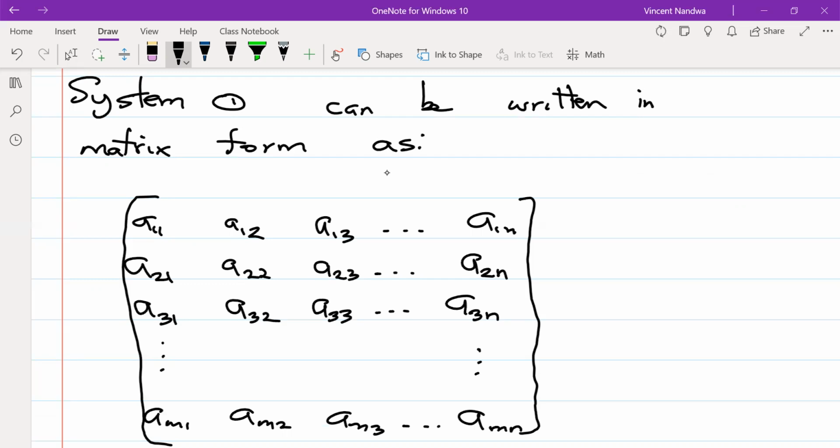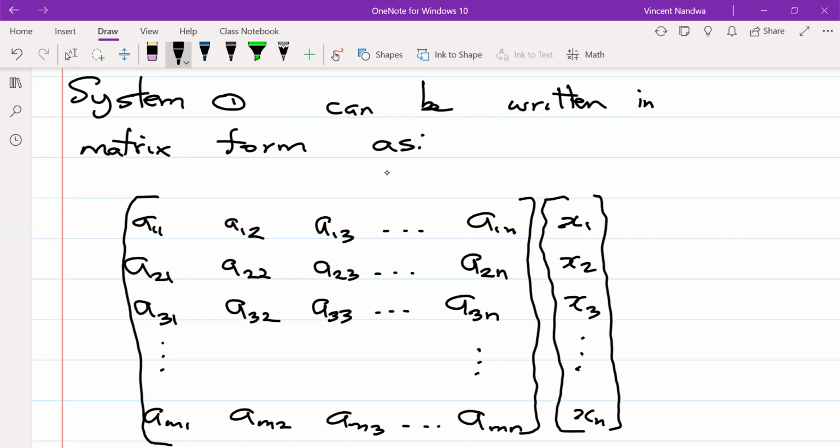You multiply this by x1, x2, x3, all the way up to xn, is equal to b1, b2, b3, all the way up to bm.